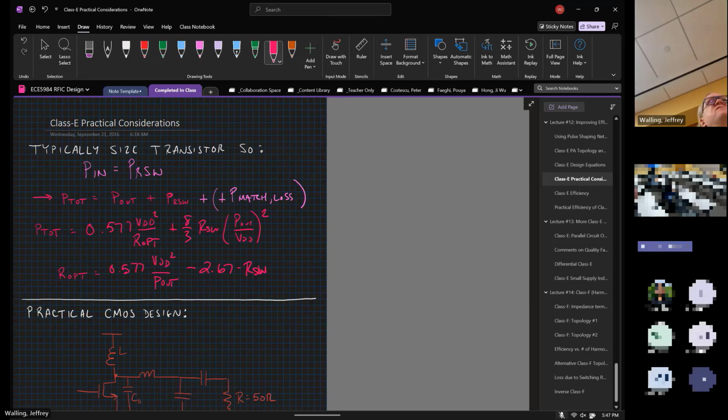So I have some independence in how I choose the size of the switch. Once I know the size of the switch, the output power that I want, and the supply voltage, I can determine what the matching network will need to be.